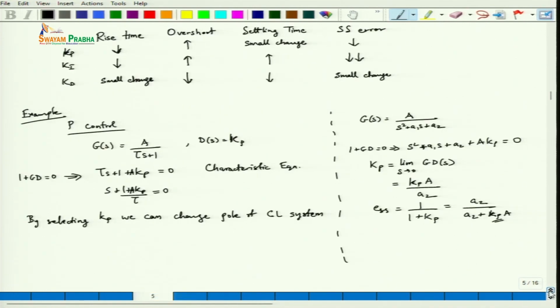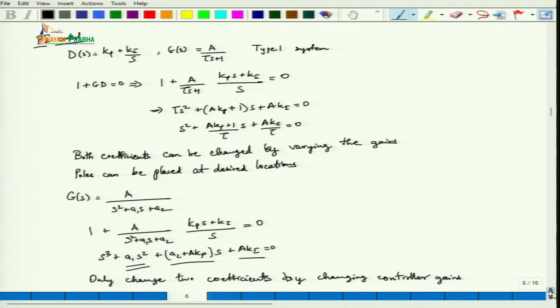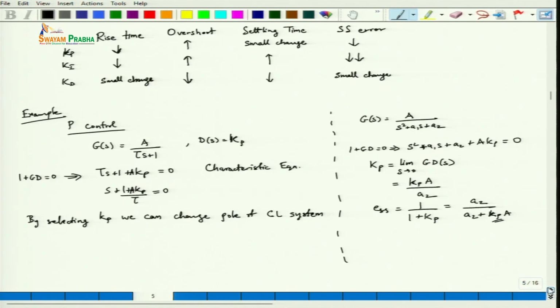To summarize, the selection of whether we want a P, PI or PID controller will be dictated by the plant and what kind of reference we are dealing with. In the scenario of the plant, the gains Kp, Ki and Kd can help us place the poles at certain locations in the s plane in certain scenarios, and in certain cases it might not be possible.